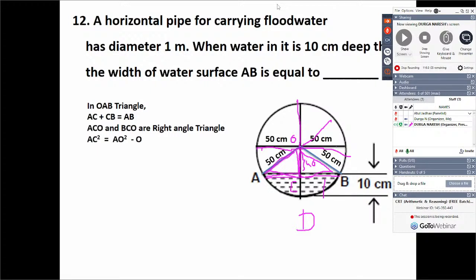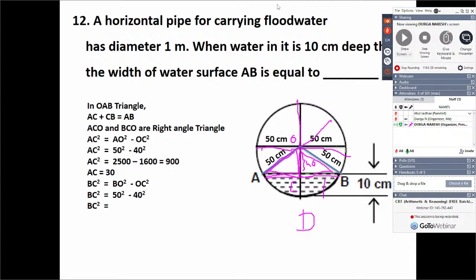So triangle OCA is a right angle triangle. OA square is equal to OC square plus AC square. Clear all of you? 50 and 40.